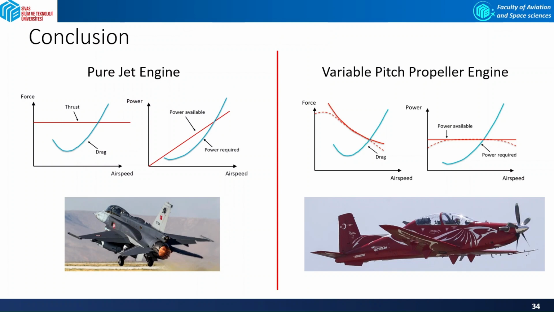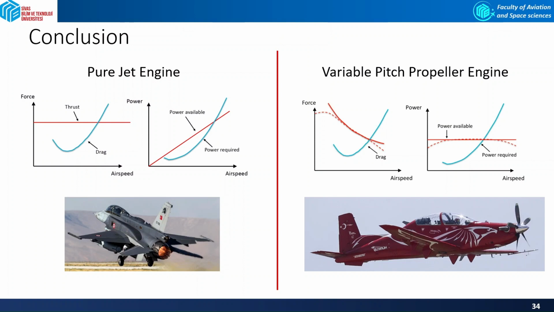So if we conclude, we have expressed the propulsive force for both pure jet engines and variable pitch propellers as a function of airspeed in order to simplify the equations of motion.